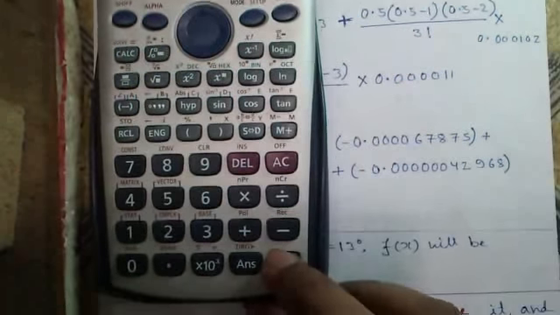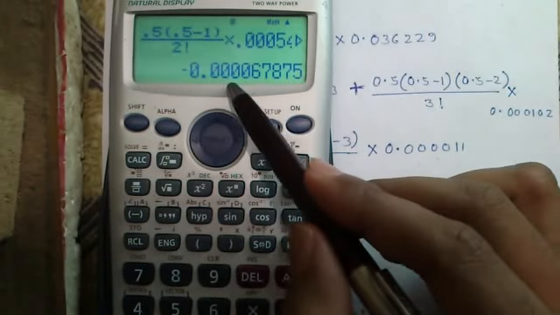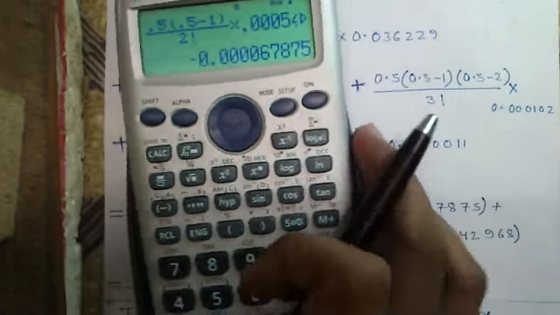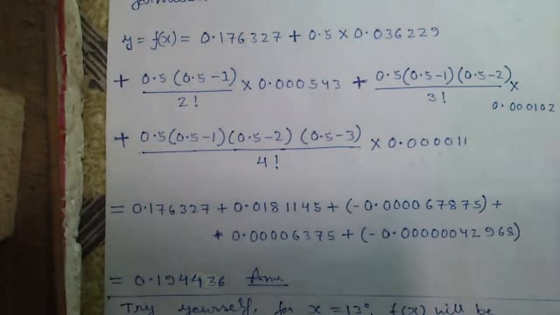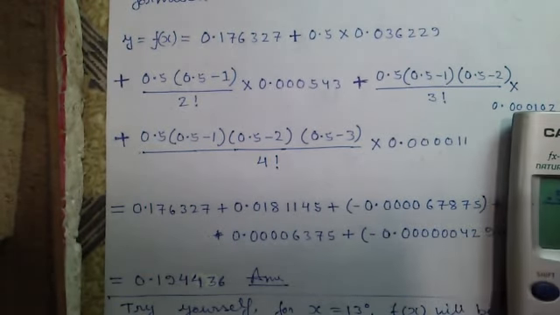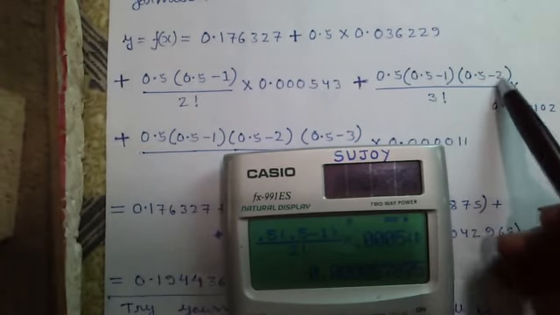Press equals to button, so you will get minus 0.406785. For this term, keep the structure same and add one term.